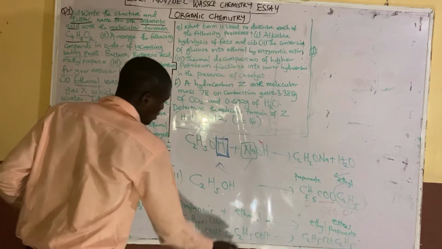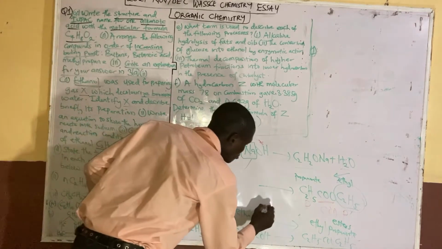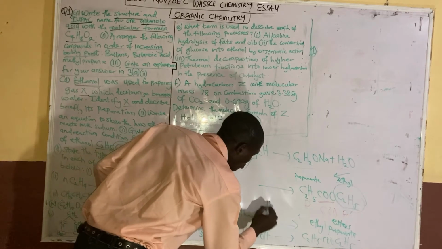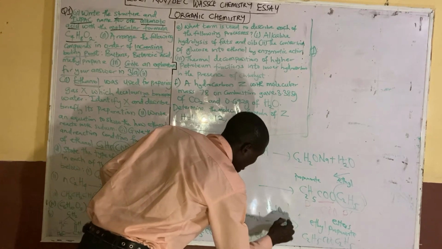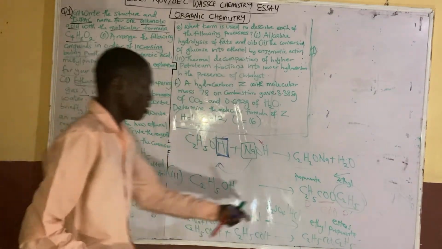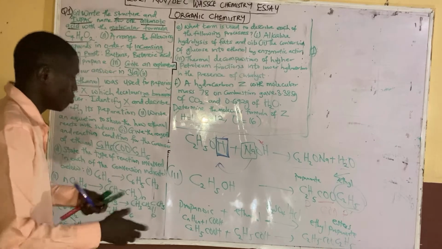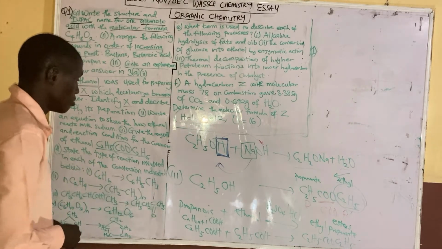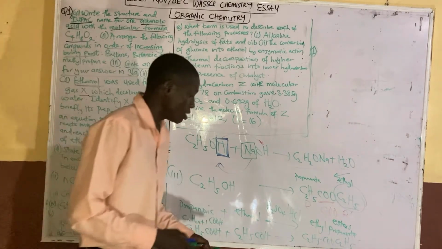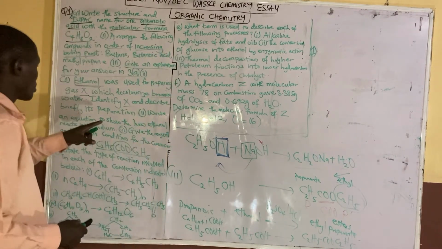Propanoic acid and ethanol, in the presence of H2SO4, or any acid, any mineral acid, can be H2SO4 or HCl, to speed the reaction, or rather to allow the reaction to occur. So you use the presence of H2SO4.